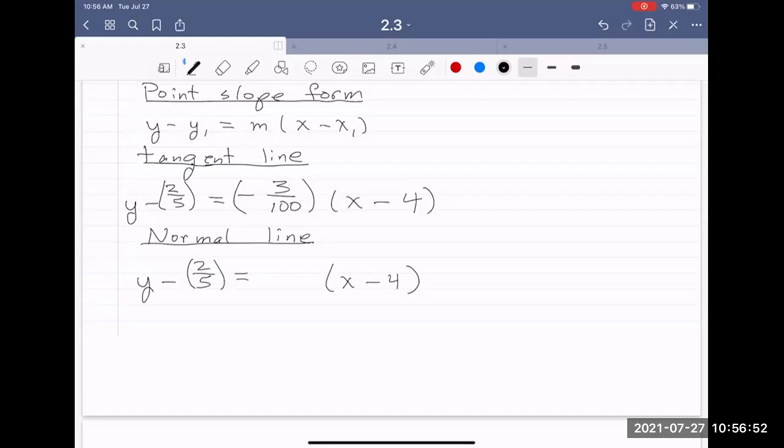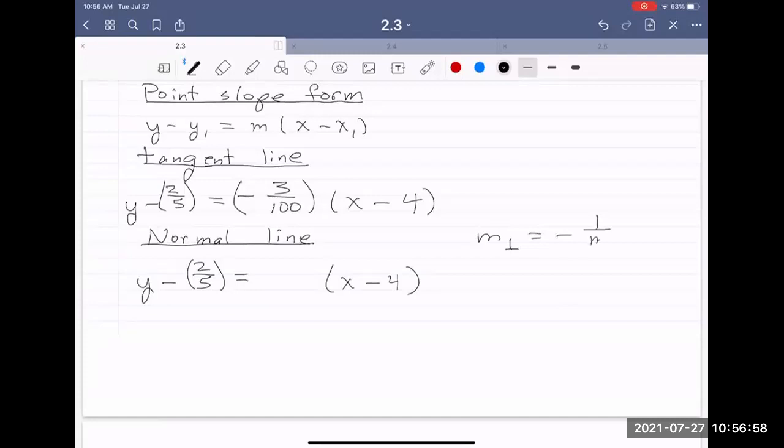Now, the only difference is that the slope of the normal line is the negative reciprocal of the slope of the tangent line. So let's take the negative. So this negative becomes a positive. And take the reciprocal of 3 over 100, which is 100 over 3. And that is the equation of your normal line.